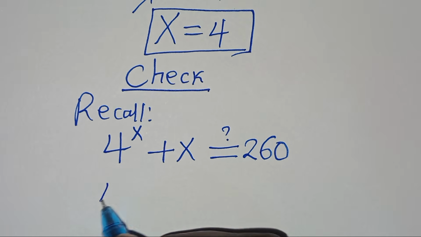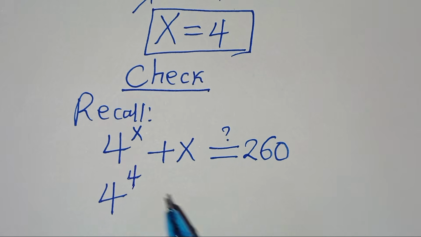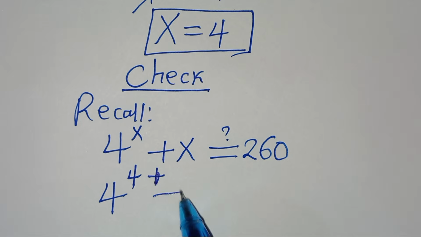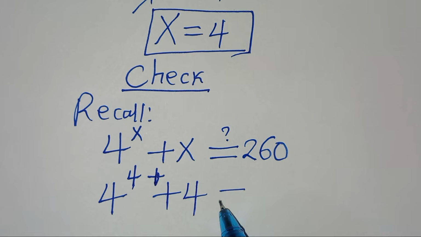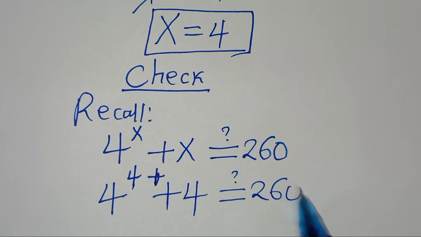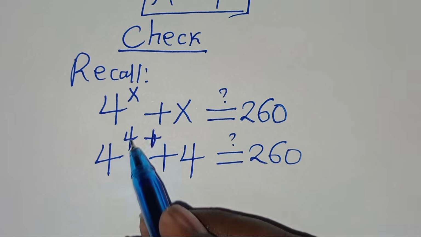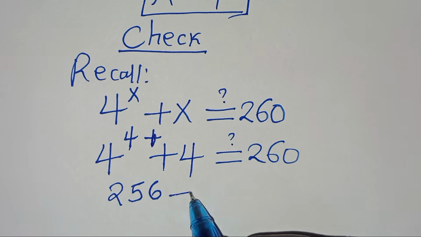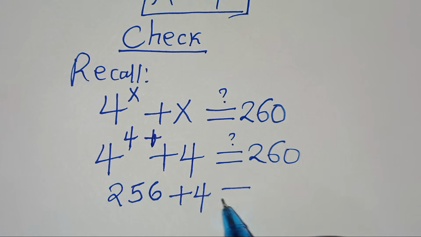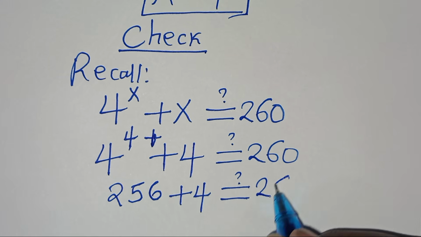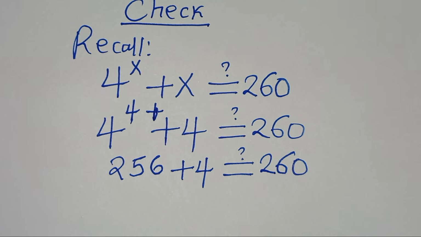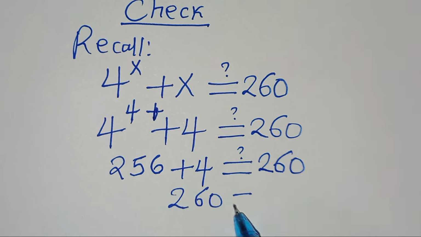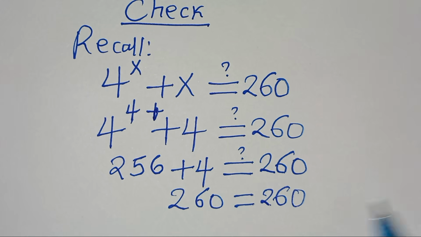So this means that 4 raised to the power of 4 plus 4 should give us a value of 260. 4 to the power of 4 is 256, plus 4, this is 260, which is equal to 260.